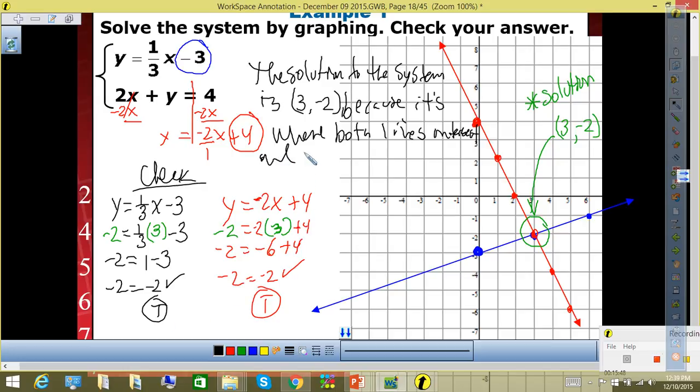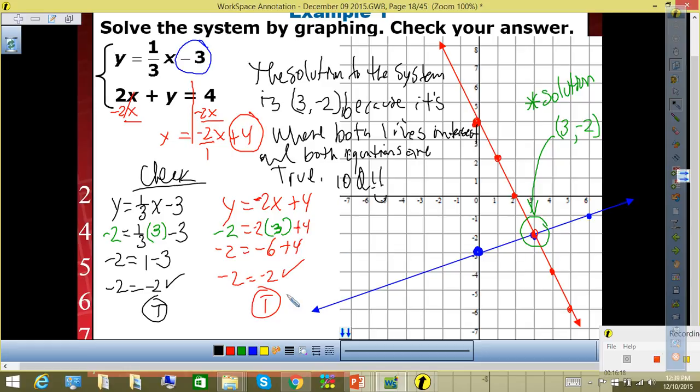Bam. And both equations are true. Thank you. The solution of the system is 3, -2 because it's where both lines intersect and both equations are true.